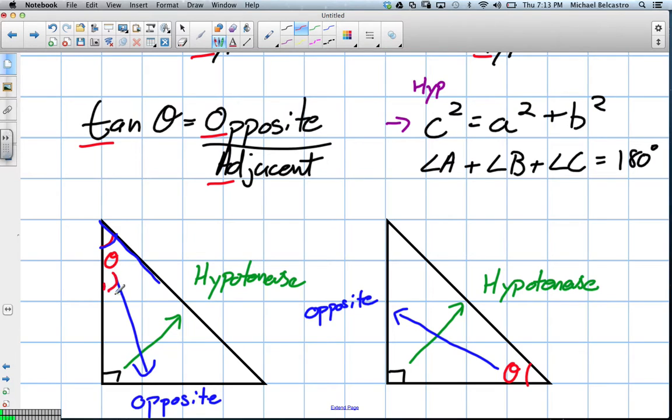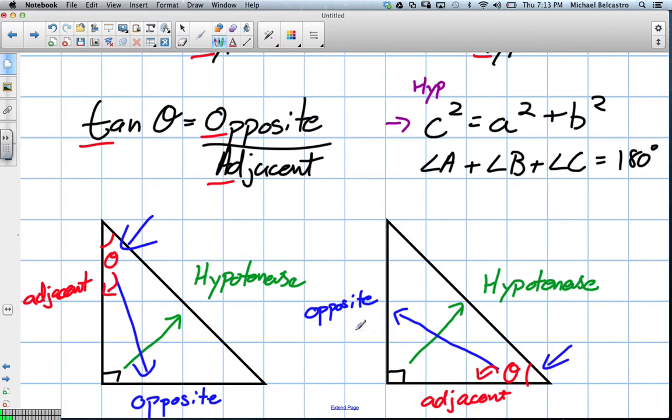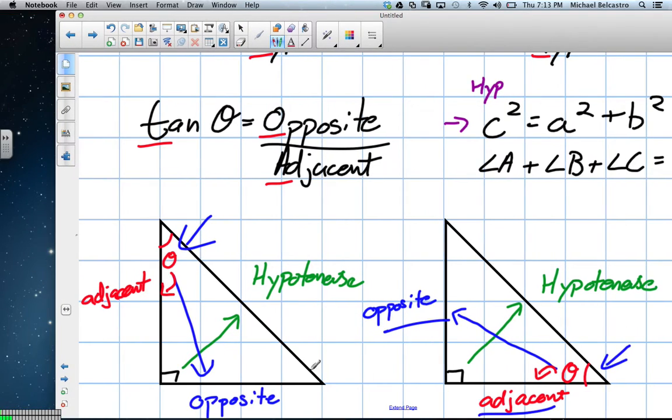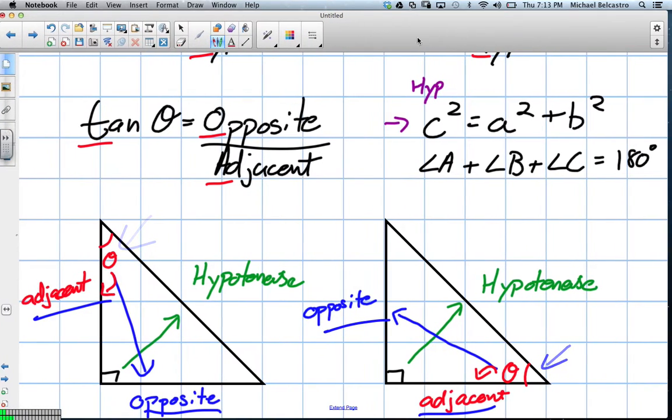The other side, right? It's the only thing left. Which means, again by deduction, this is the adjacent. So depending on where our angle is, the opposite and adjacent sides change. We have to keep that in mind.